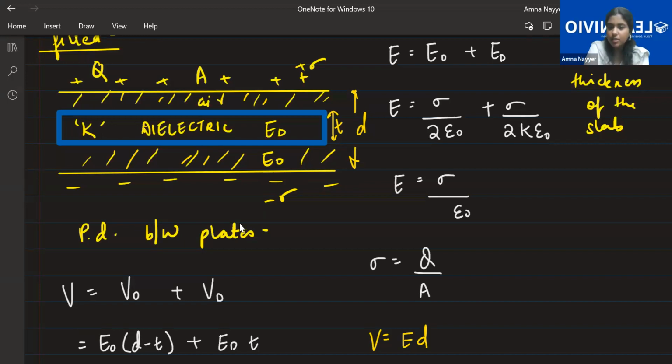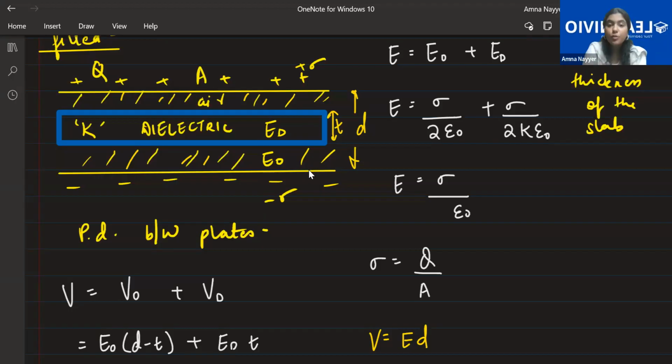That's the potential formula, E into d. Air is not completely present; some portion has been enclosed by the dielectric, so we cannot completely take it as d.